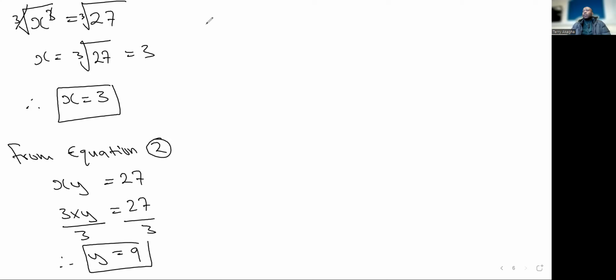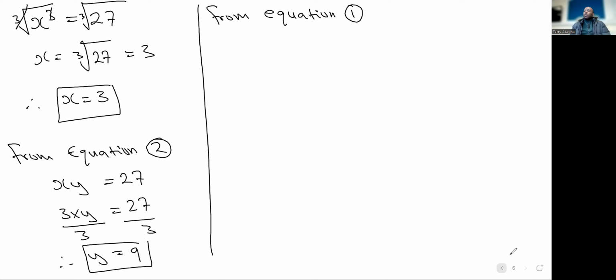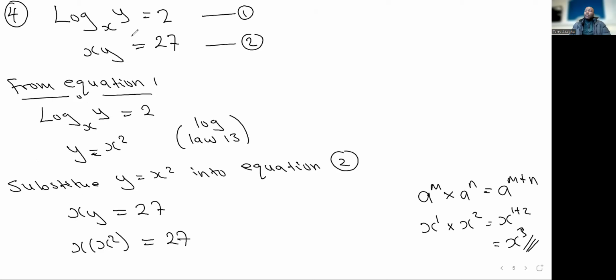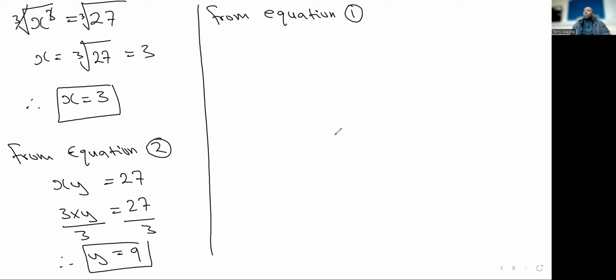But if, for instance, you want to use equation 1, you should still get the same thing. So from equation 1, we know log y to base x is equal to 2. We know our x is what? 3. So we're going to have log y to base 3 is equal to 2.